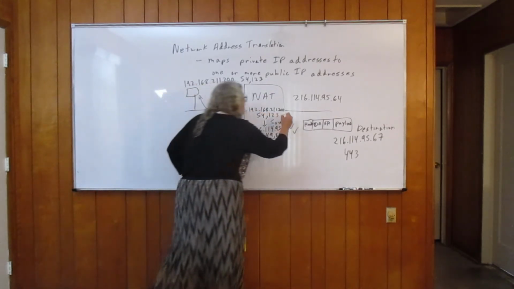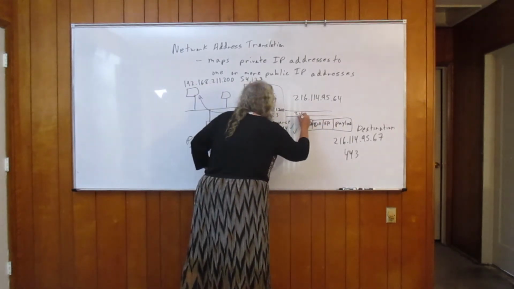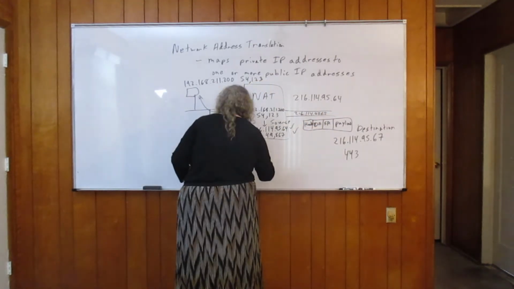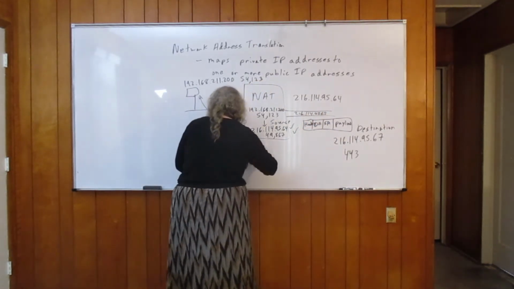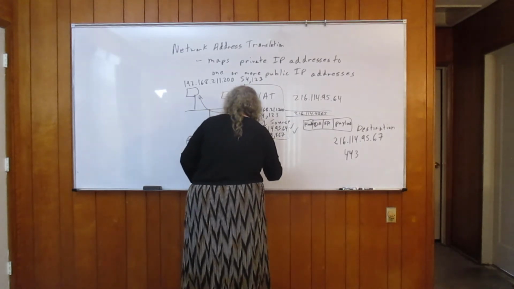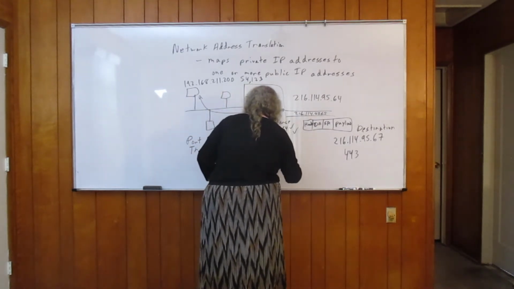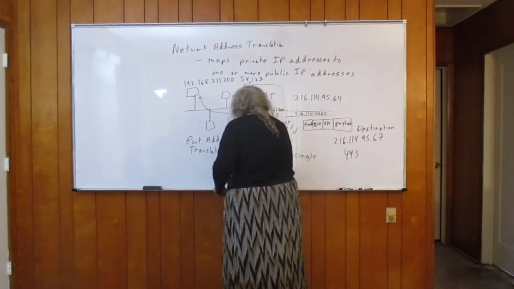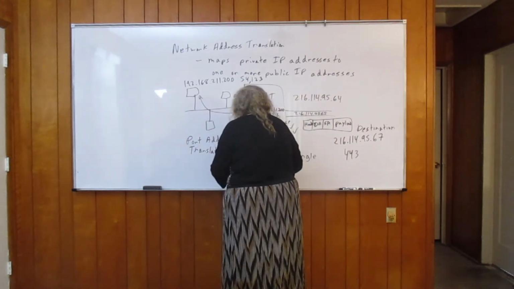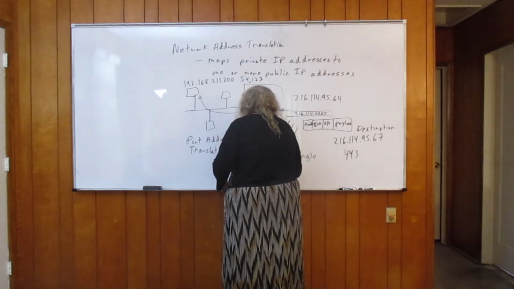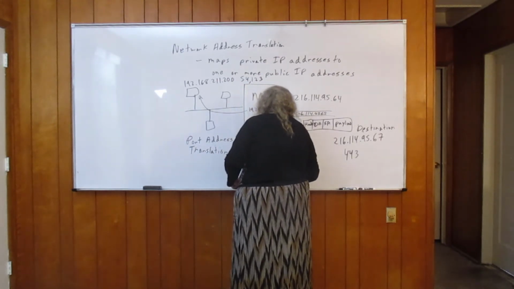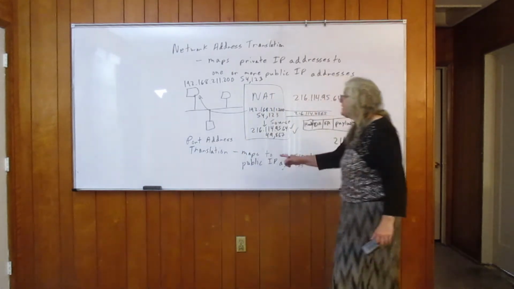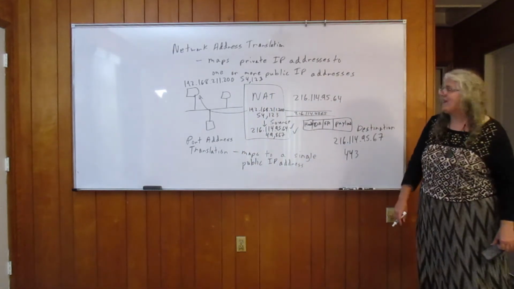NAT could actually map over to multiple IP addresses on the public network. Now, Cisco calls this IP masquerading.